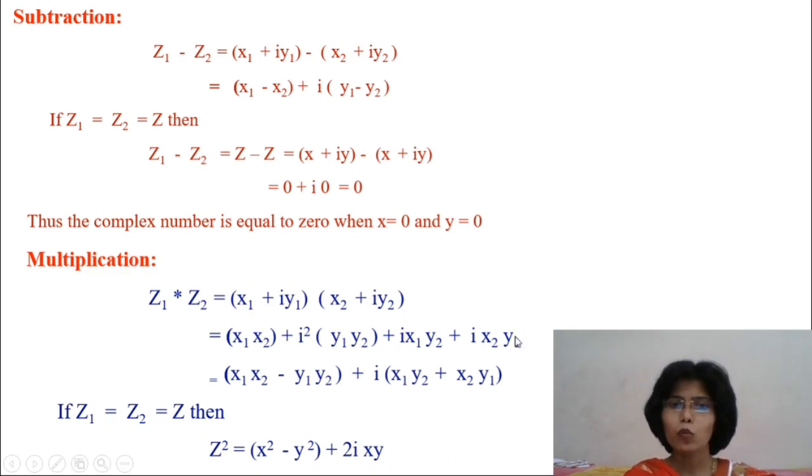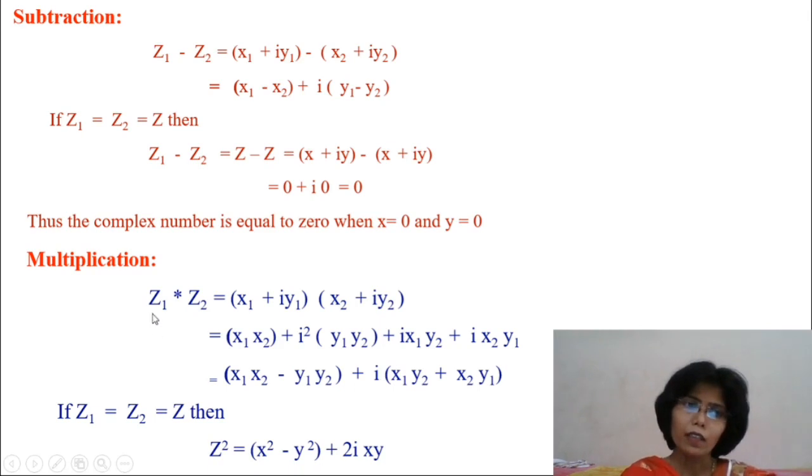Again in these two quantities we'll take i outside, and as i square is equal to minus 1, here there will be a minus sign. So it is x1 x2 minus y1 y2, and from these two quantities we'll take i out common, so it will become i into x1 y2 plus x2 y1.